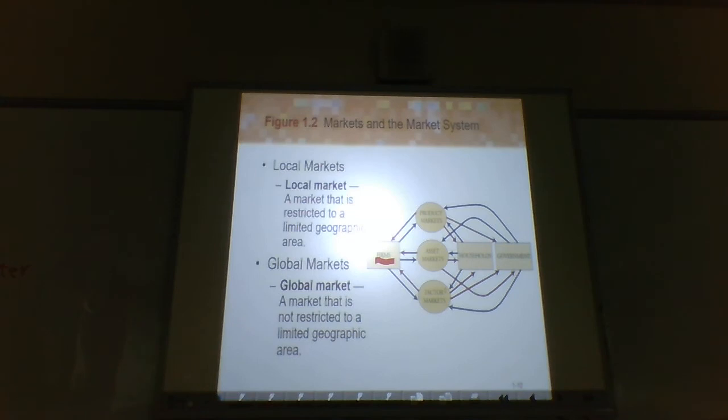And the households provide labor, and the firms acquire this labor. And so this is an economic circulation from firms to the product market, and from households to the factors market, and then to firms. A local market or domestic market is just a limited area, and the global market is, of course, the whole world.